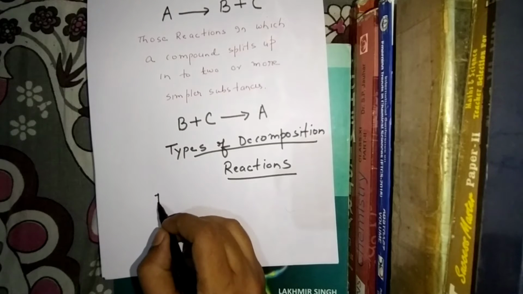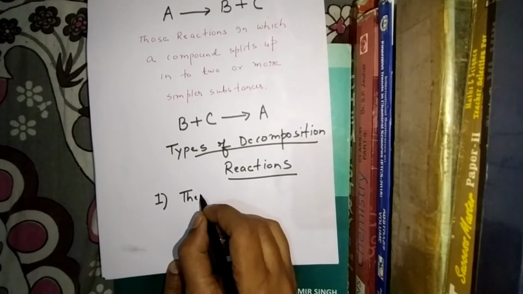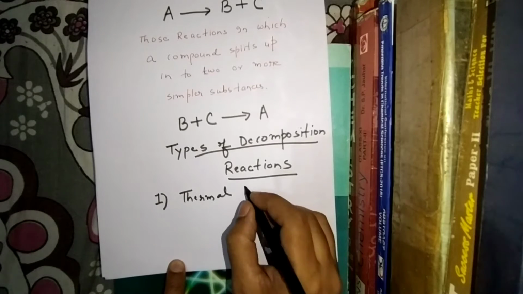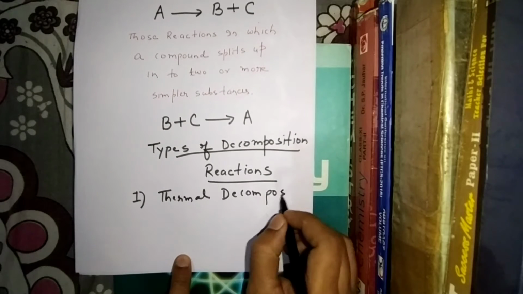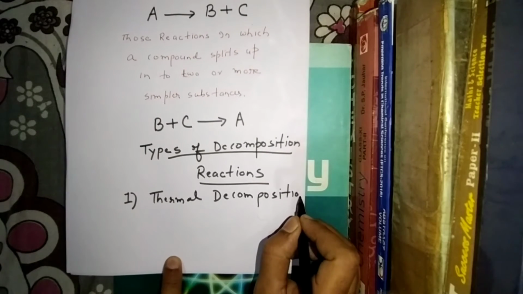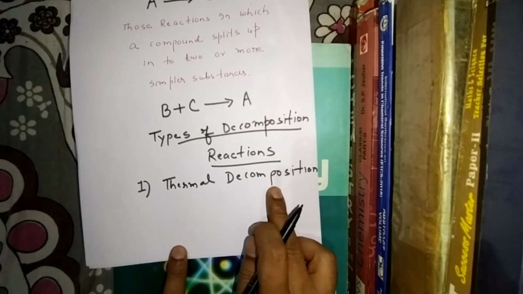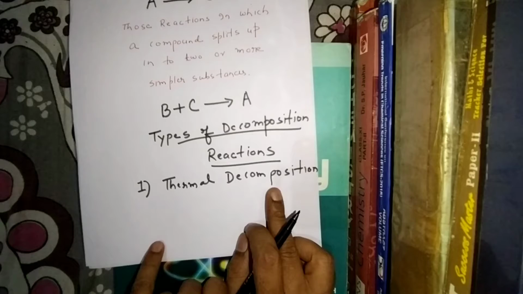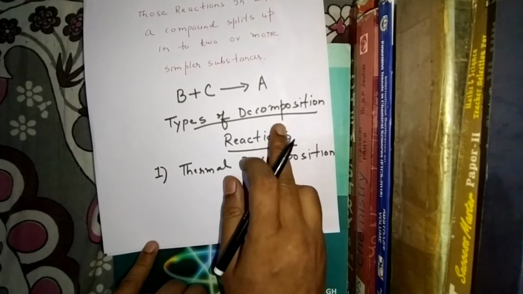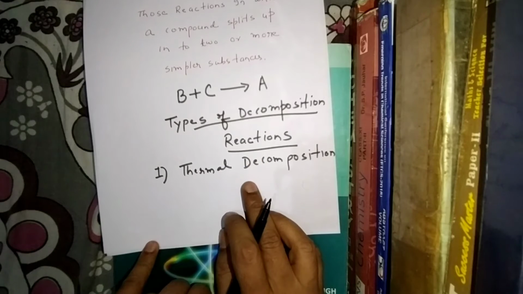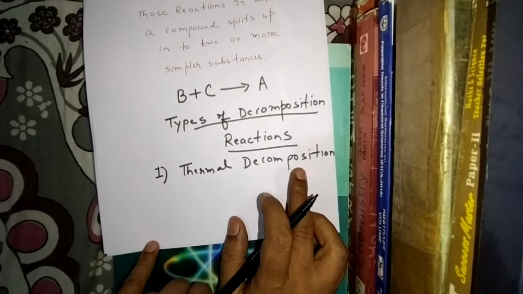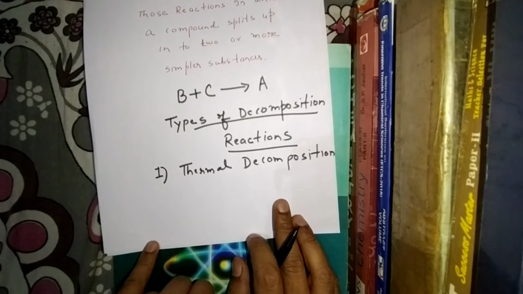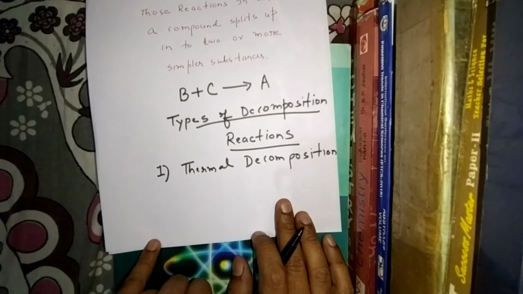The first one is thermal decomposition. ठीक है, तो सबसे पहले हम पढ़ेंगे थर्मल डिकम्पोजिशन रिएक्शंस. Now, when the decomposition reaction is carried out with the help of heat, then this type of reaction is known as thermal decomposition reaction.